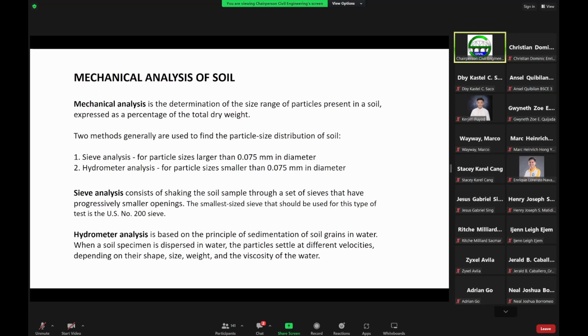When a soil specimen is dispersed in water, the particles settle at different velocities, depending on the shape, the size, the weight, and the viscosity of water. Because of these different velocities, you can then distinguish between silts and clays.